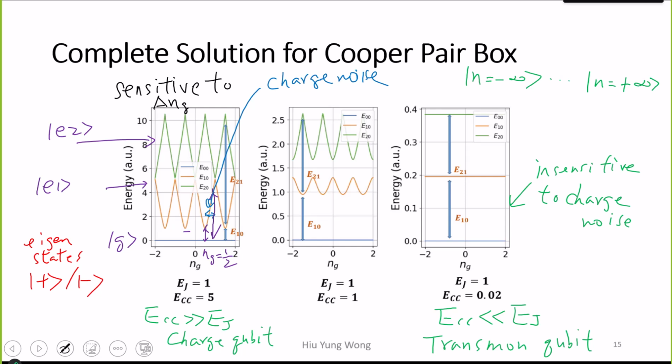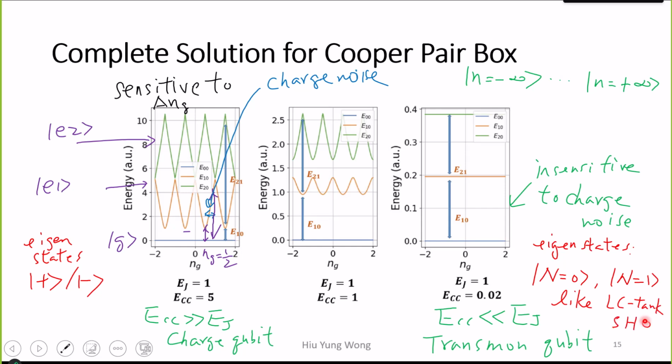But the eigenstates of the Transmon qubit, we did not show it, but we can show it in the book. We will not prove it. They turn out to be capital N equal to 0, capital N equal to 1, and so on. So it behaves like an LC tank or a simple harmonic oscillator.